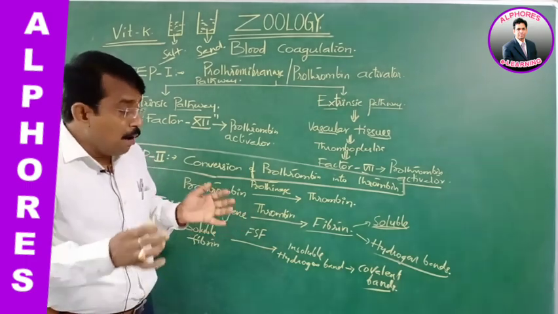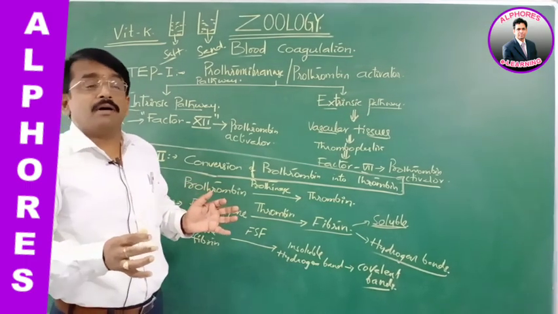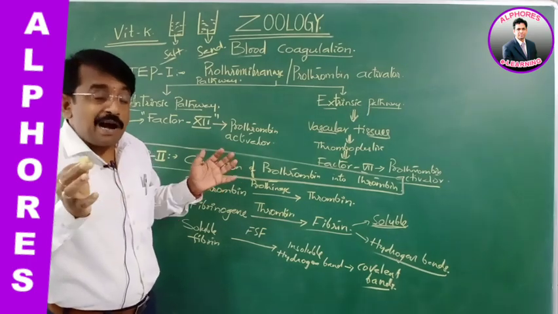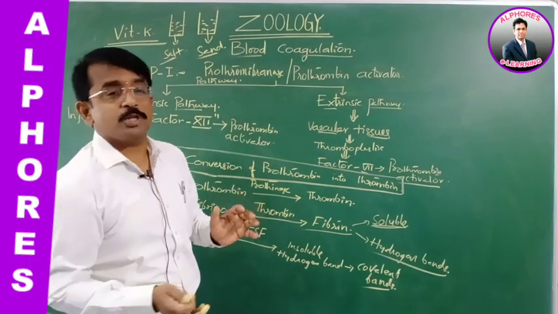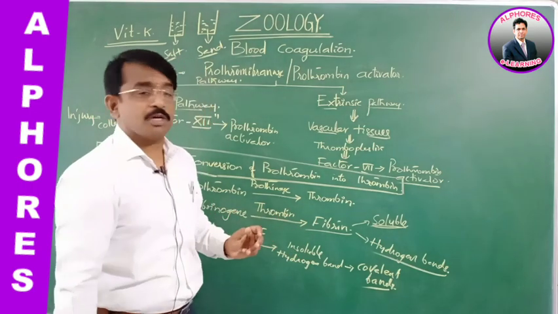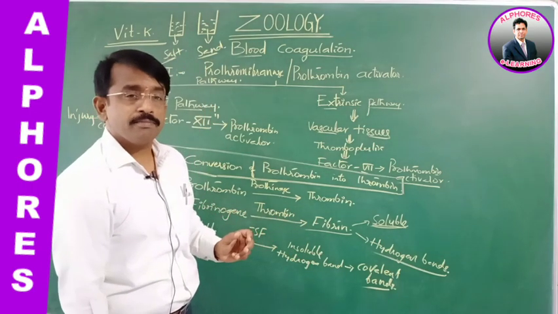This is how all the fibrin fibers come closer and stick with each other with the strong bonds called covalent bonds.